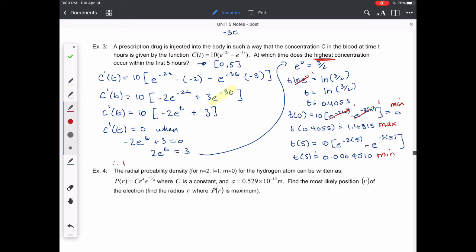Therefore, highest concentration will occur at 0.4055 hours, or approximately 24.3 minutes.